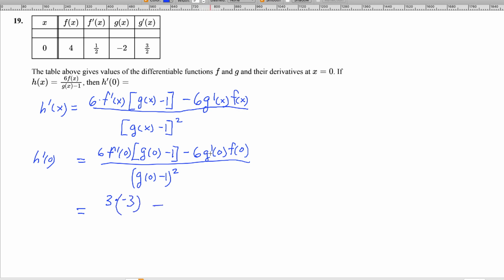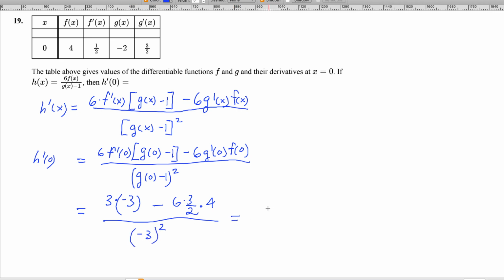minus 6 times g prime of 0, which is 3 over 2, times f of 0, which is 4, over g of 0, which is negative 2, minus 1 is negative 3, the whole thing squared.